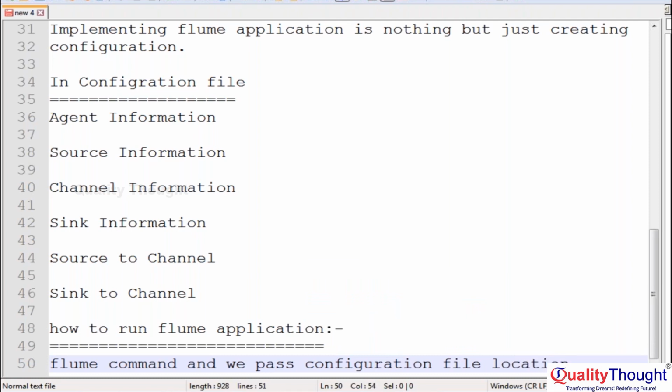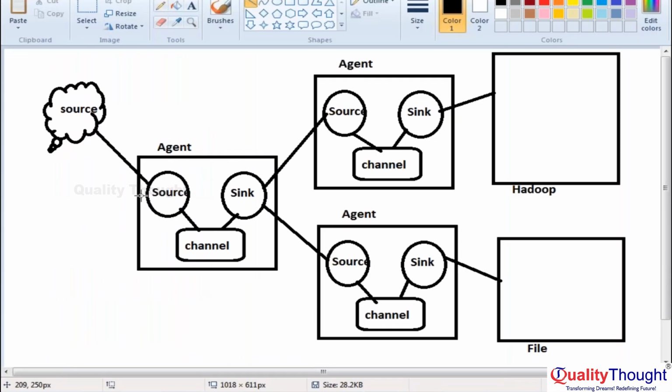That's it. Implementation is completed. By using the Flume command, we say this is the configuration file, and then Flume takes care of how to start the agent, source, channel, and sink. Whatever we discussed is internally implemented by the Flume software.